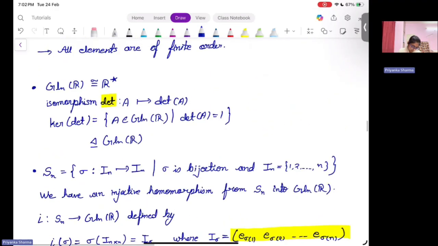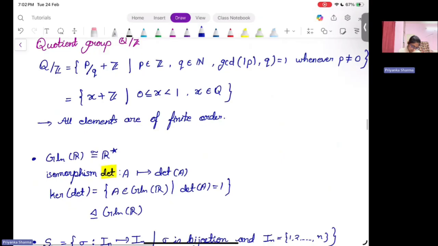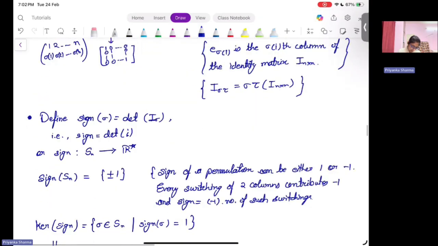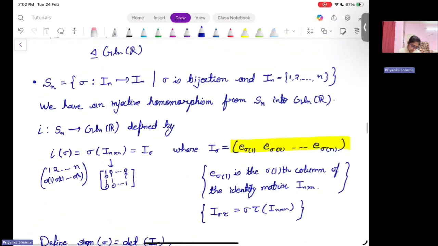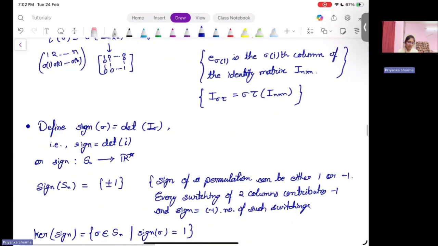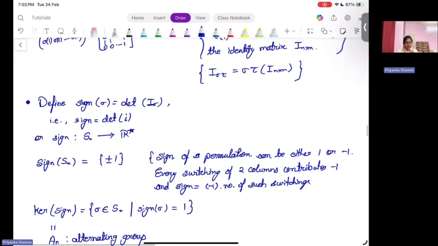So determinant is from GLN R to R star, and iota is from SN to GLN R. So in this way, signature is a map from SN to R star, okay? But only two real numbers from R star are permitted here, -1 and 1.